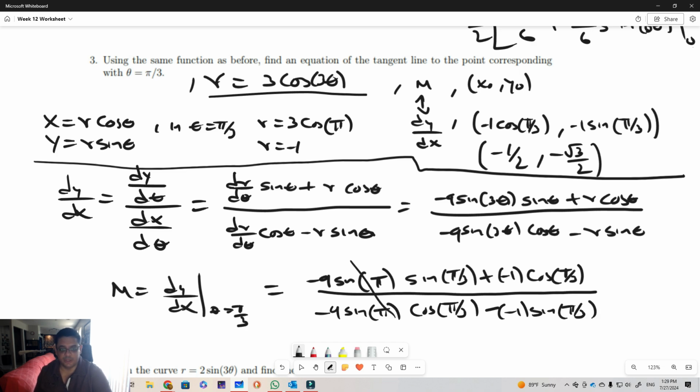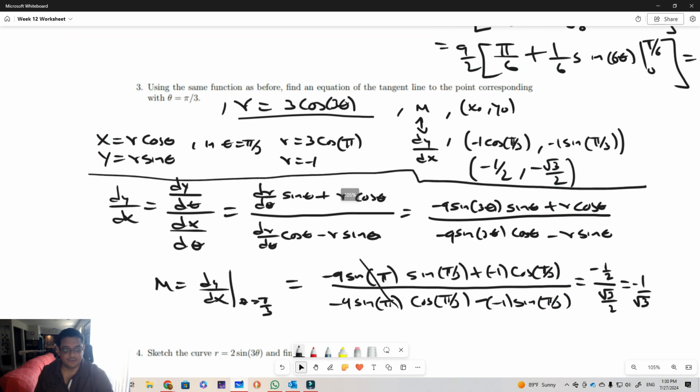So this goes away because sine of pi is 0. So this is just going to lead me to whatever this is. And so this is going to be again minus 1/2 over, and this is going to be positive now, but sine of pi over 3 is the square root of 3 over 2. And so this is essentially minus 1 over square root of 3. And so that's going to be my slope.